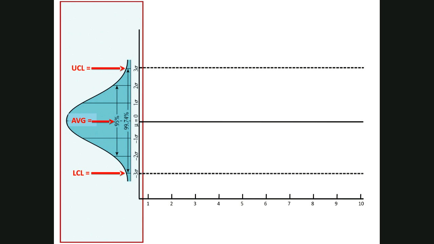Once we calculate the upper control limit, the average, and the lower control limit, we're going to plot those lines on the graph horizontally. And then each observation that we're going to plot, this number 1 is going to correspond to the first sample value. Number 2 is going to be the plot of the second sample value on this scale.